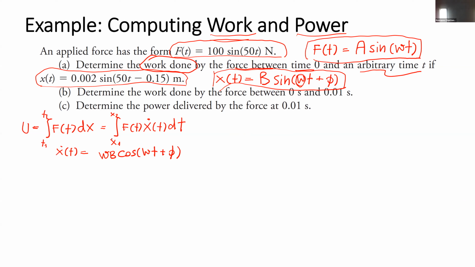So if you want to compute the mechanical work, now you have F(t) and x dot(t).